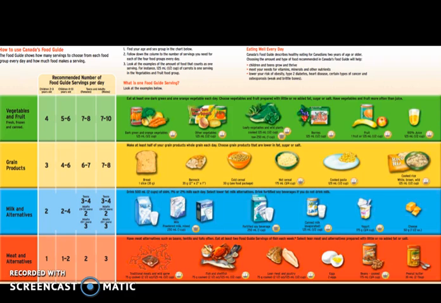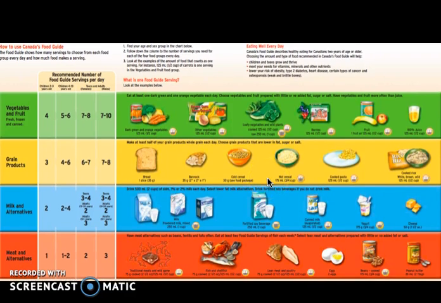Then I talked to the group about what a portion size of protein would be recommended. Again, it's down here on the bottom in the red. We have lean meats and protein, fish, chicken, eggs. So I told them that one serving of protein would be 2 eggs.